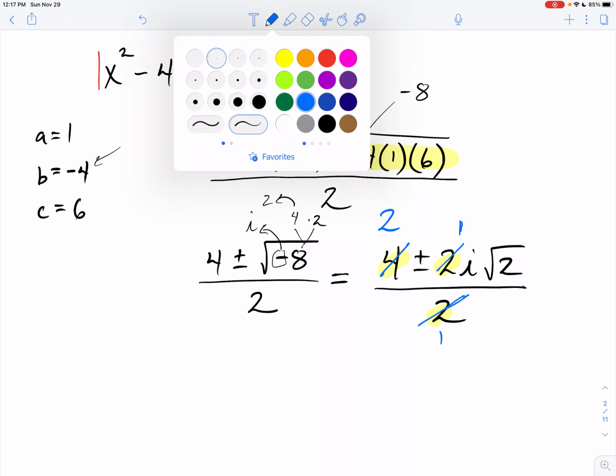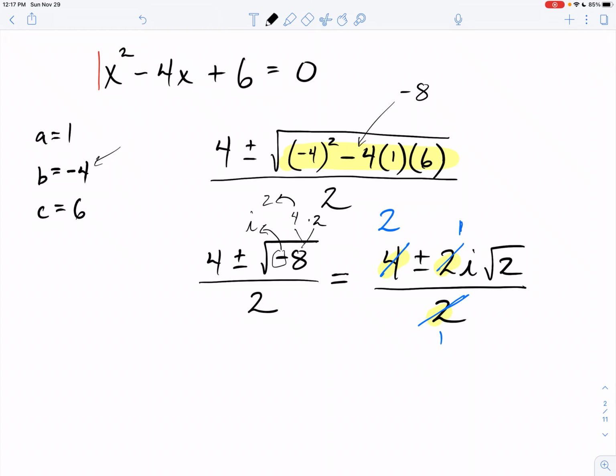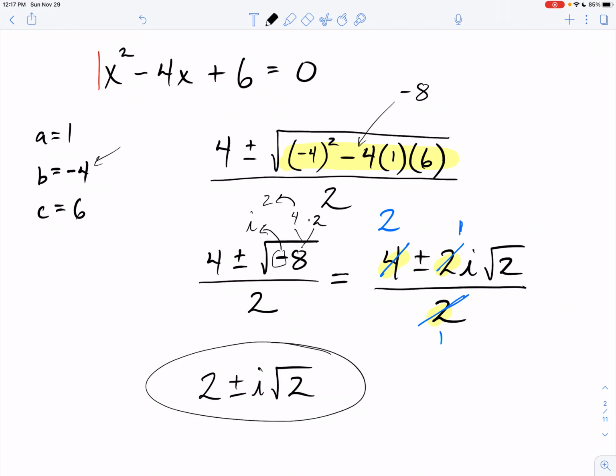So if I regroup all of that information, I'll have 2 plus or minus 1i, or just i, rad 2 over 1. But remember, we don't have to write it over 1. If it's over 1, that's my answer.